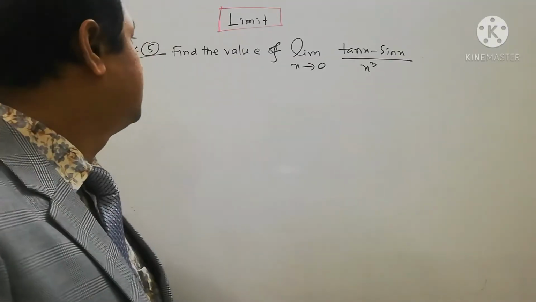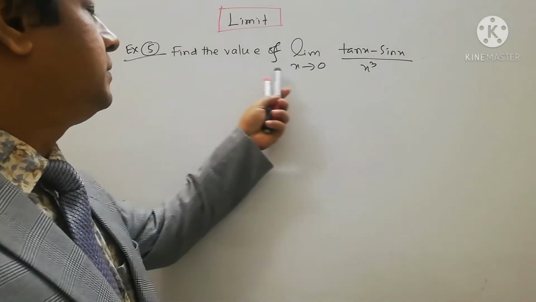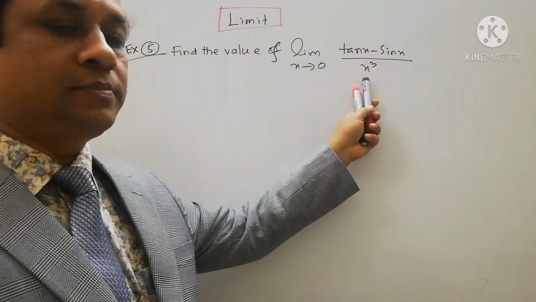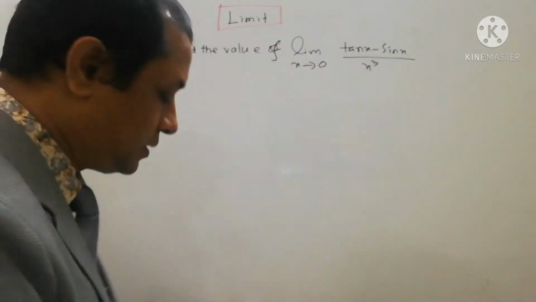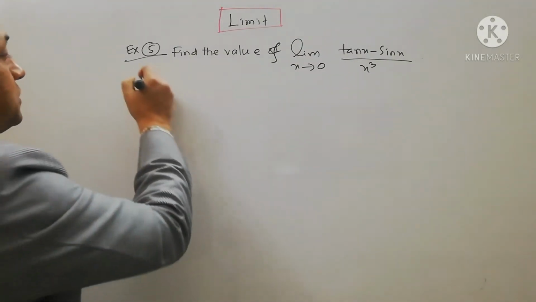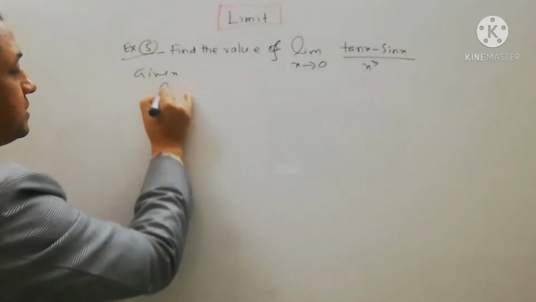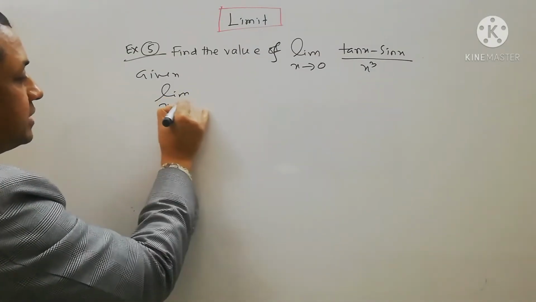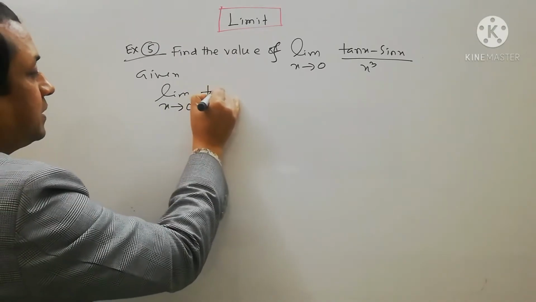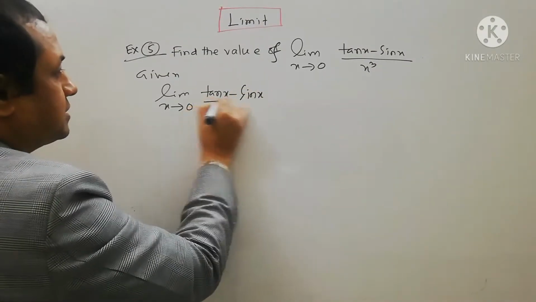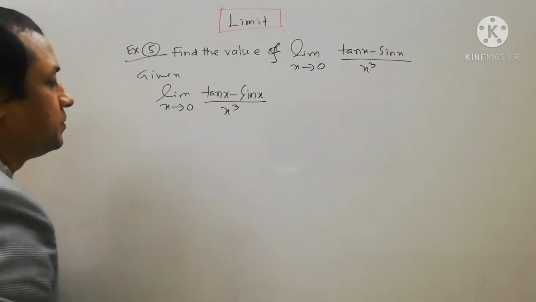Example 5. Find the value of limit x tends to 0 of (tan x minus sin x) by x cube. So attention please student, given limit x tends to 0 of (tan x minus sin x) by x cube.